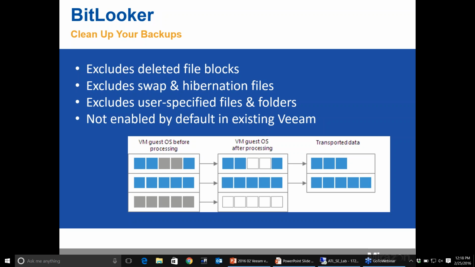So this technology is really cool. Veeam is already capturing all that data, and with all the different data sets they have been able to capture, now they can look at it and say, hey, we can see these deleted blocks, and therefore when we back up, we know that we can exclude these. We also get the benefit of being able to exclude the swap and hibernation files that we don't really need in the backup.